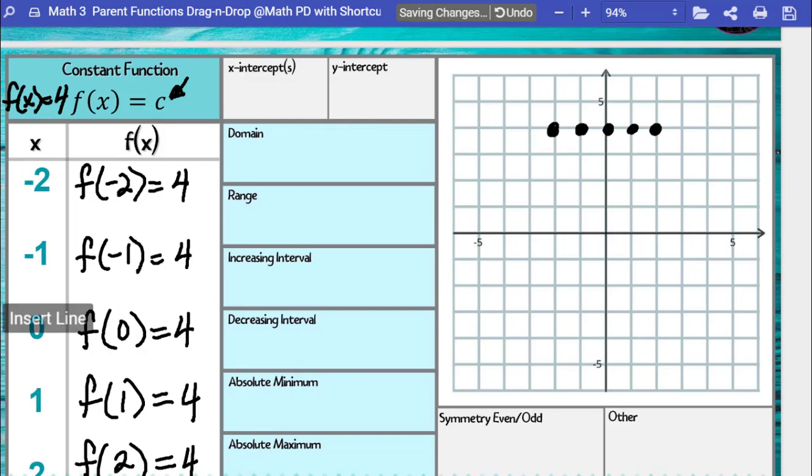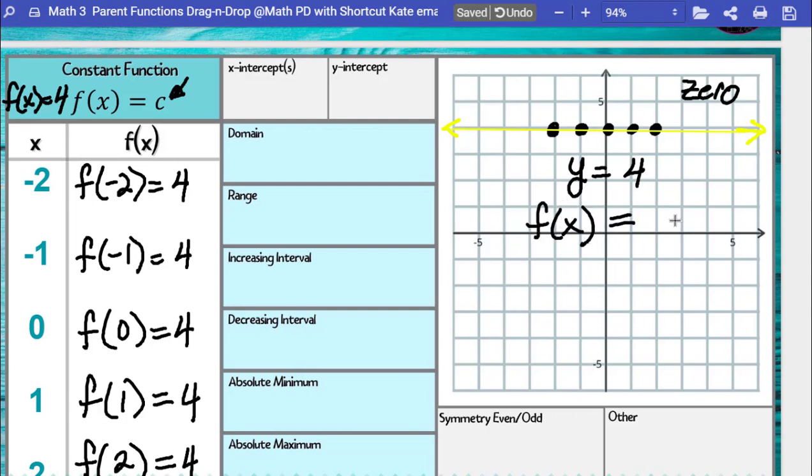At this point, I hope you can see that when I draw a line here, and you want to make sure there are arrows on your line, you get a horizontal line with the equation y equals 4. This has 0 slope. And since y is another way of writing f of x is 4, this function represents this horizontal line.